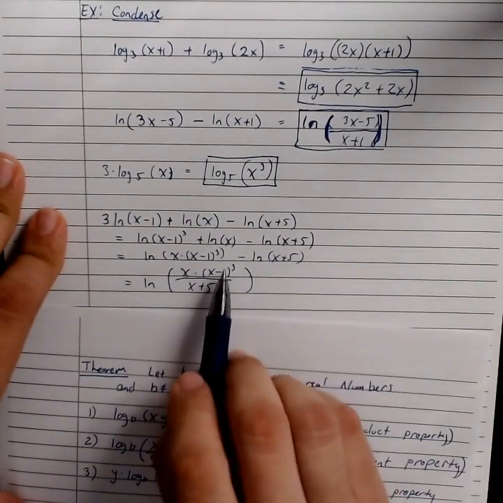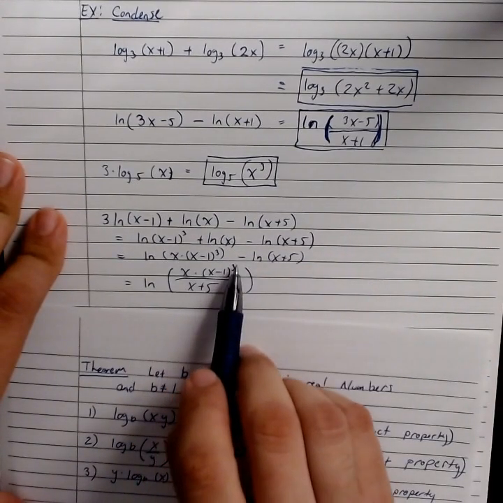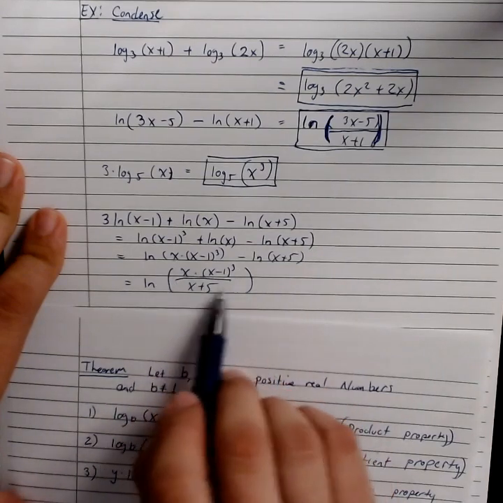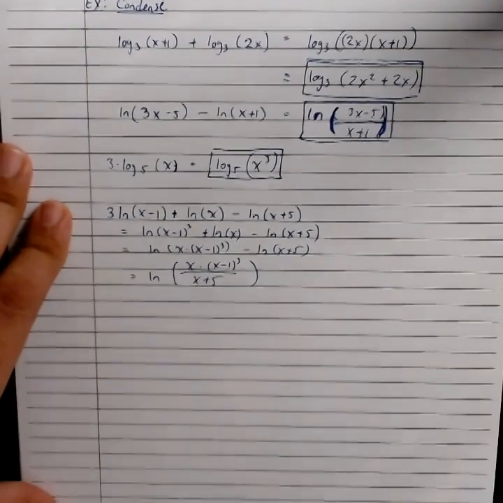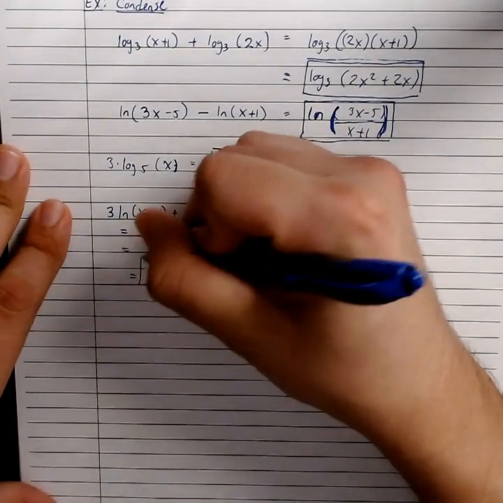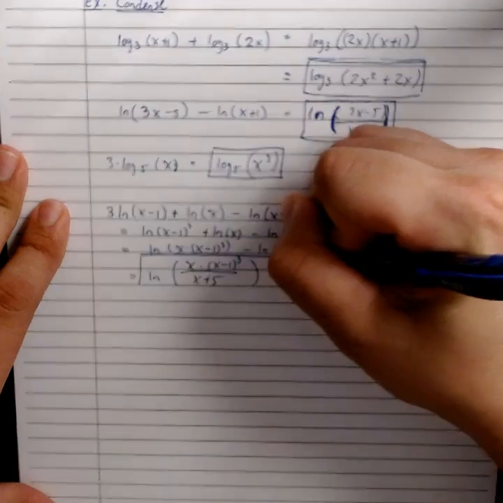And you could, of course, now multiply this out, x minus 1 to the third times x, and then divide by x plus 5. But here, we're going to stop there. If you can get this far, I'm perfectly well satisfied that you understand what you're doing.